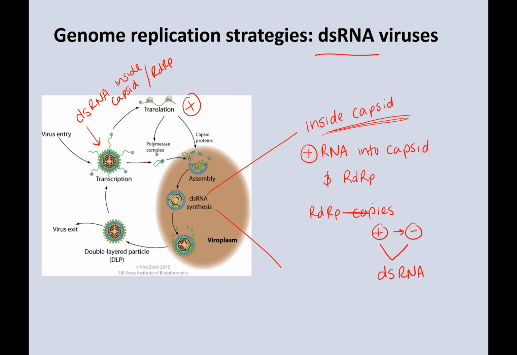It just feeds in a positive strand, and then within that capsid, copies and makes the double strand, and they stay together, just like double-stranded DNA, inside the particle. We do not find negative-stranded RNA anywhere outside of the virus particle. So that is how it copies its RNA genome.